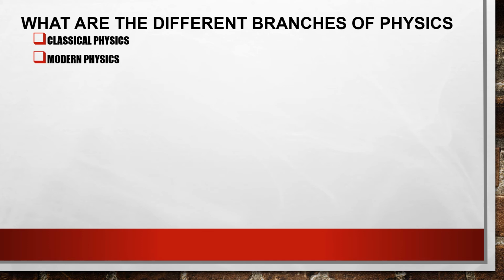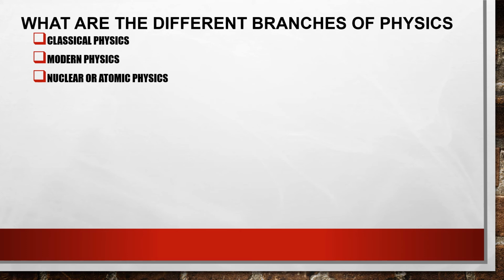Secondly, modern physics. This is centered around the two theories of relativity and quantum mechanics, and the studies of Albert Einstein and Max Planck give us a background. I'm just giving you a summary of this; we are going to take a detailed study of it in our subsequent classes. The next one is nuclear or atomic physics.